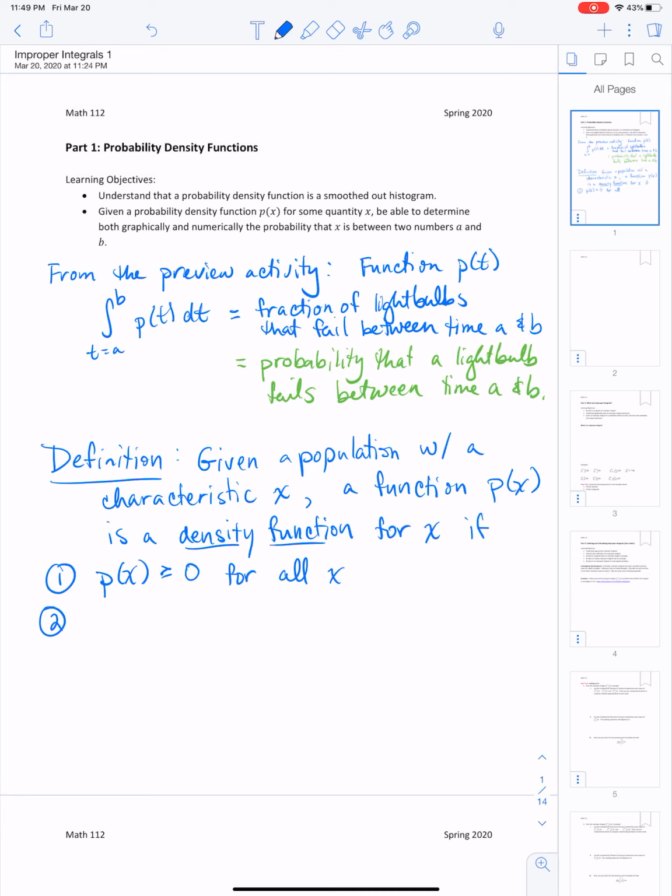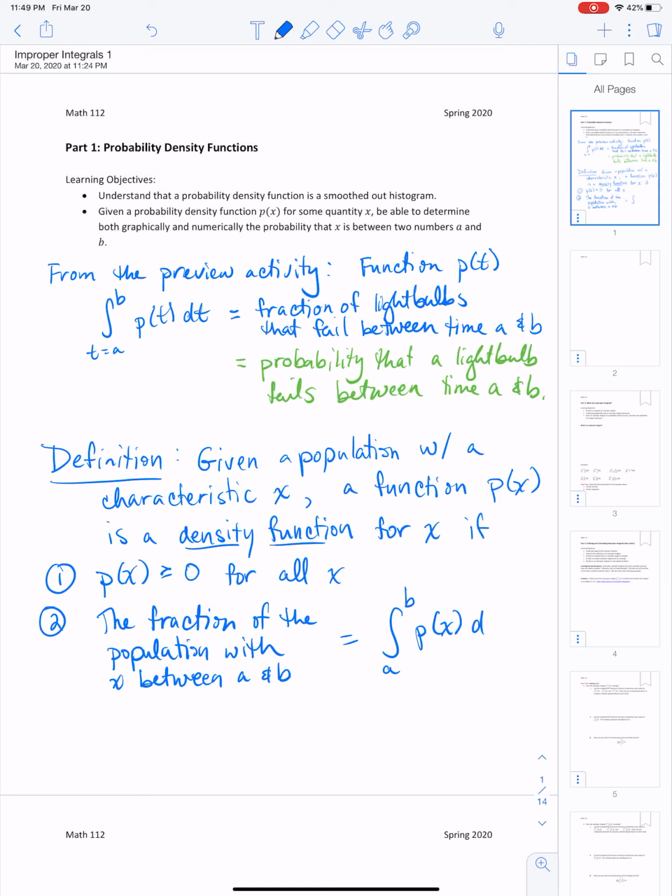The second property, and now this is going to be the integral property: the fraction of the population with x between A and B is equal to the integral from A to B of p of x.